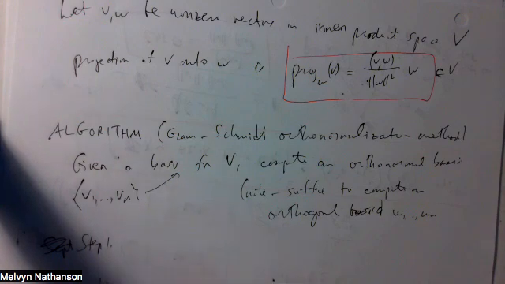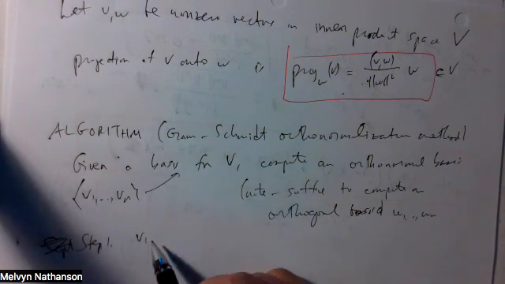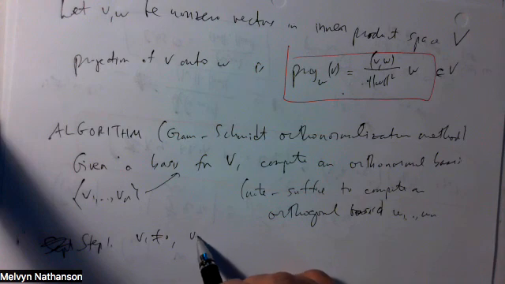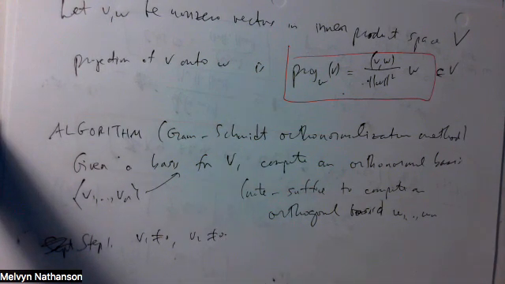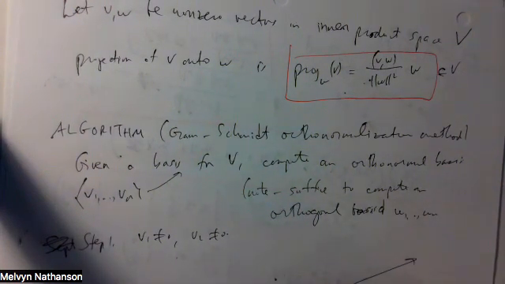So step one. We have V1 not 0. V2 is not 0. So here's the picture I want you to look at. Here's the vector V1. Here's the vector V2.